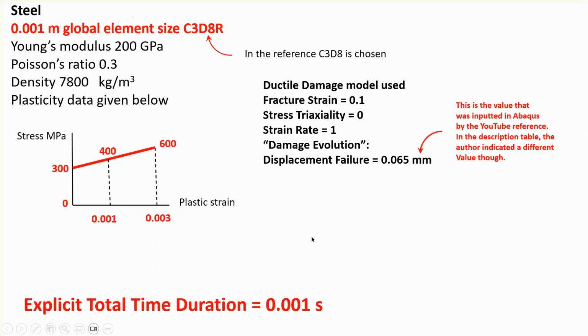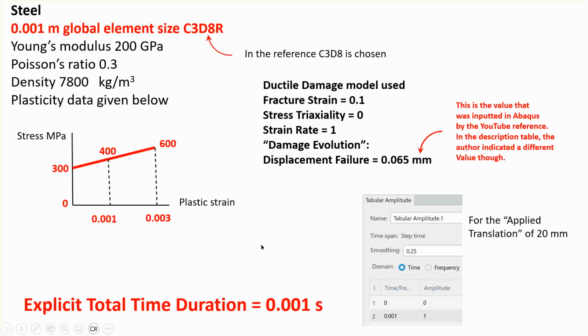The total duration of the pull is 0.001 seconds, and because it's a dynamic problem in explicit formulation, you need to specify the amplitude, how fast this is being applied. So that 20 millimeter translation is over a very short period of time.